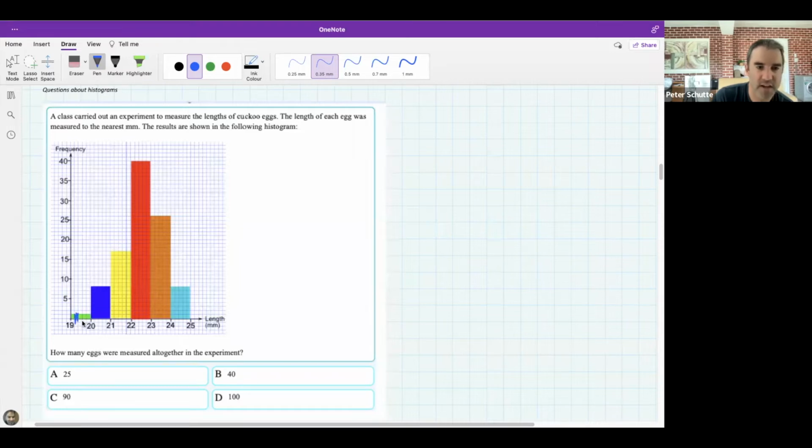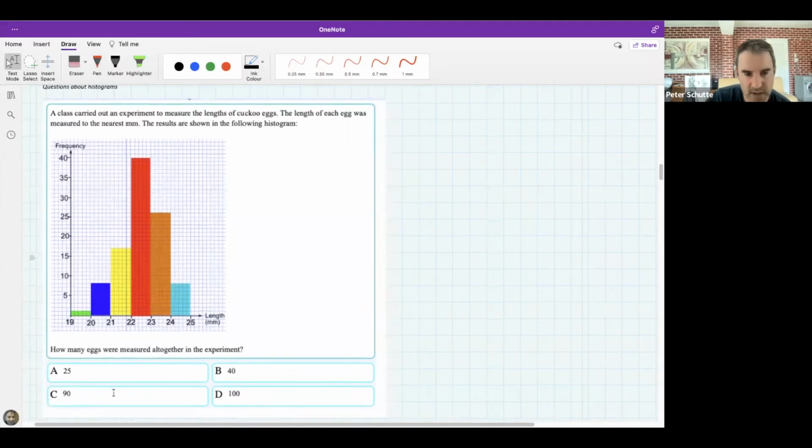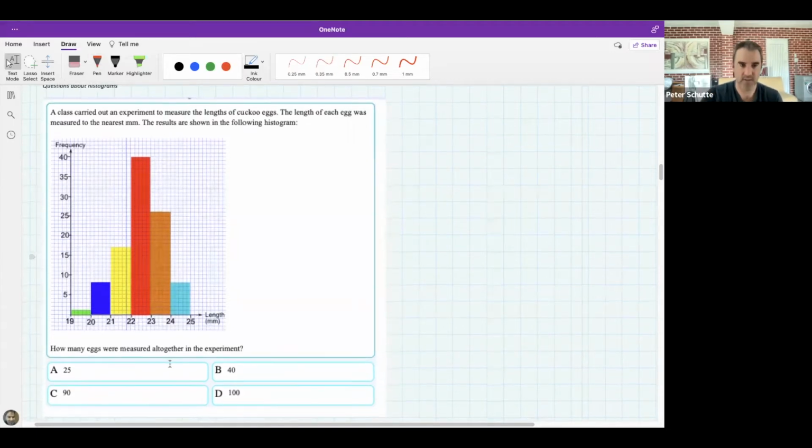If it was 22.3, it would be in that column. These are intervals of data along the bottom, and then we have the frequency on the top. The question is, how many eggs were measured altogether in the experiment? Is it A, B, C, or D? That's what I want to know.